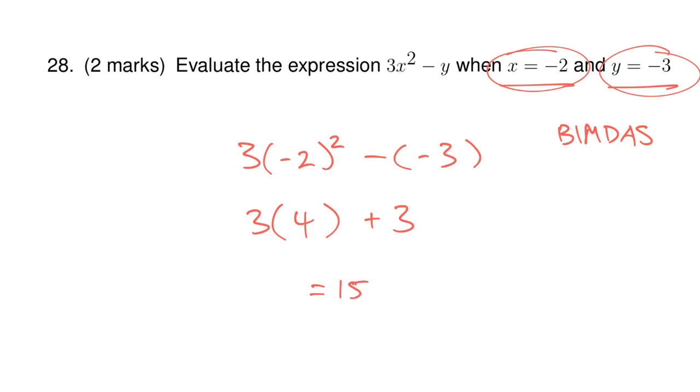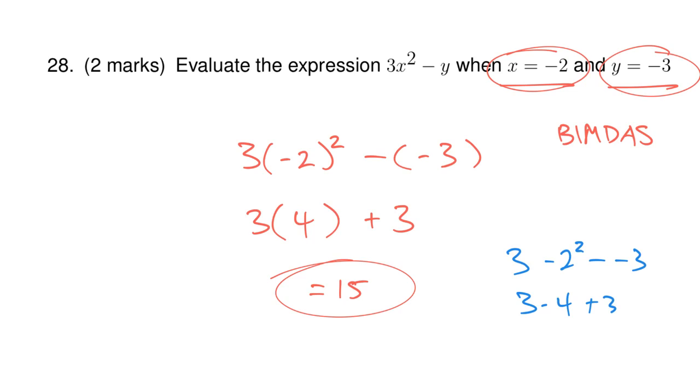Okay, so I've substituted each of those values to get an answer of 15. Don't forget to use the brackets. Here's why. I might as well just quickly show you while we're here. If I took this bit and just wrote 3, -2 squared, minus -3. So I've done the substitution, I just haven't used the brackets. A lot of people do this. They look at that and go, 2 squared is 4, so I end up with 3 - 4 + 3.